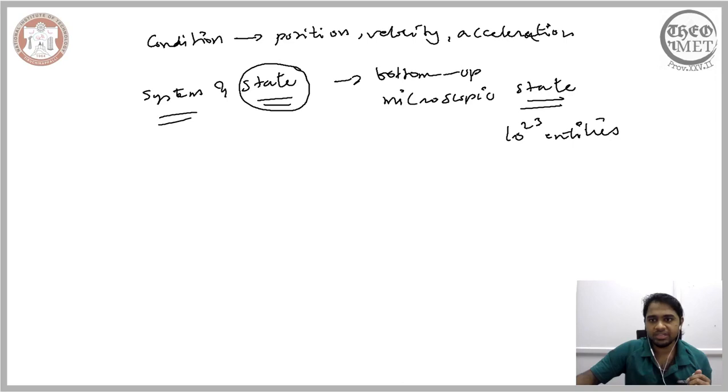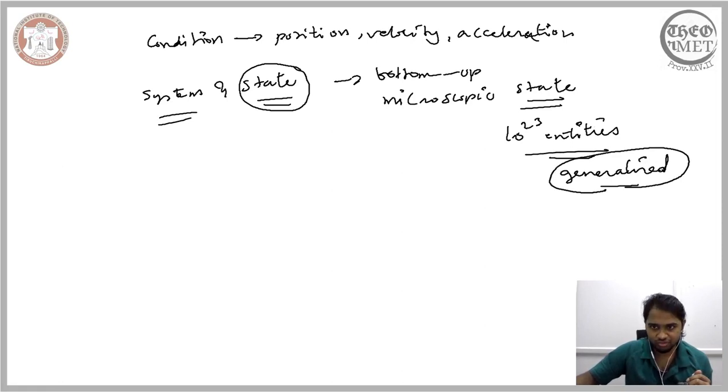So in generalized terms, in order to study the state of the individual entities and relate it to the overall system, you need to know the behavior of close to 10 to the power 23 entities.